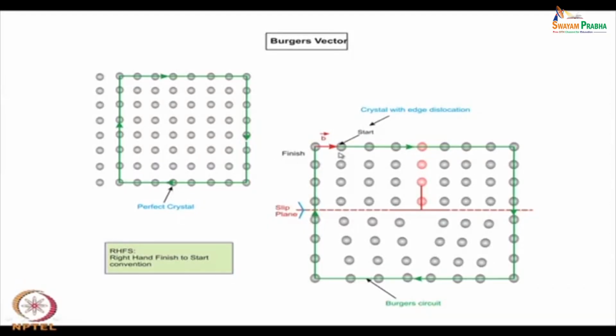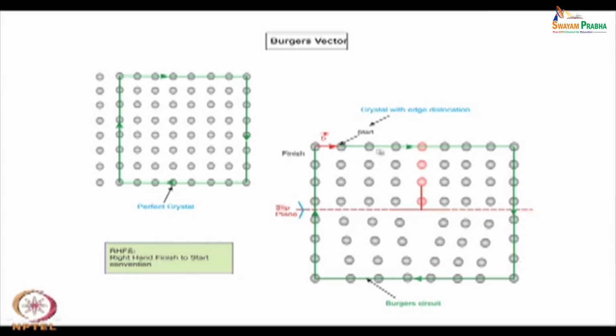You can find the Burgers vector by one simple way. You start from where the step has been formed and then go around this dislocation an equal number of atomic distances. Okay.